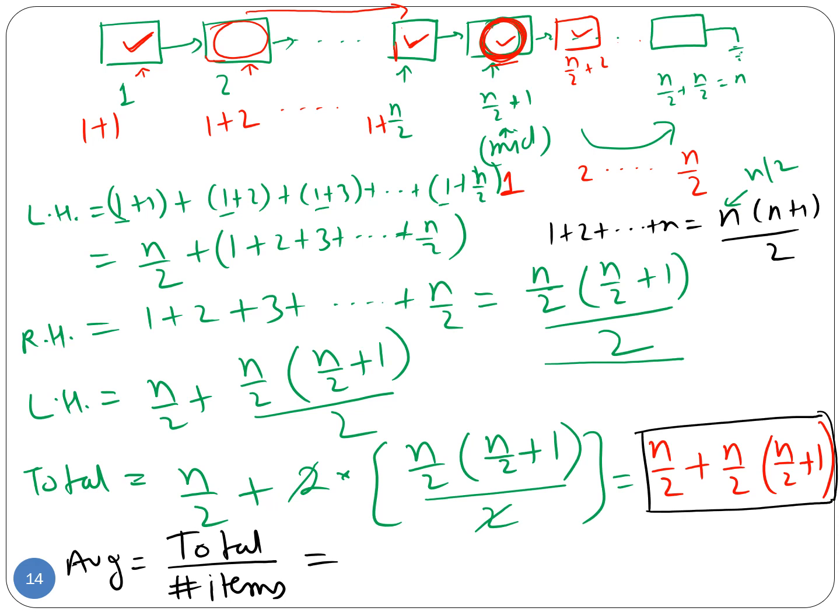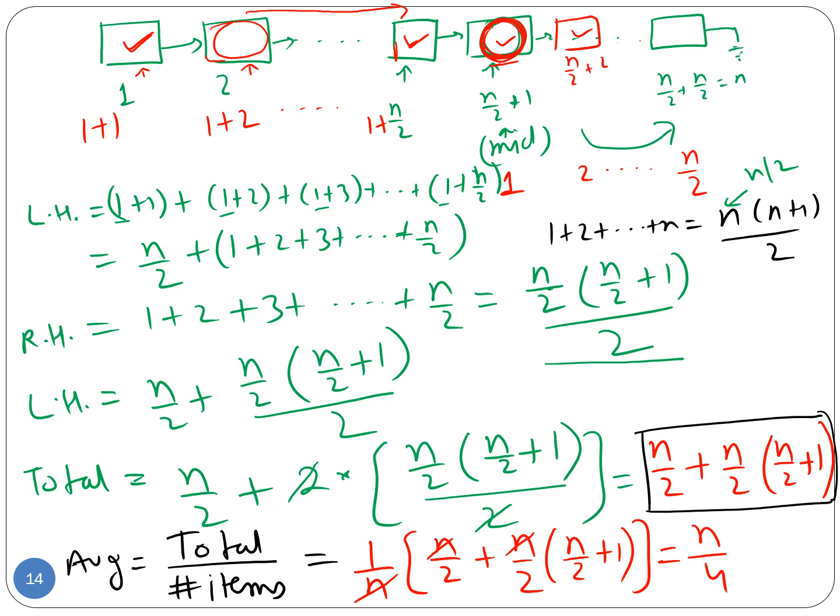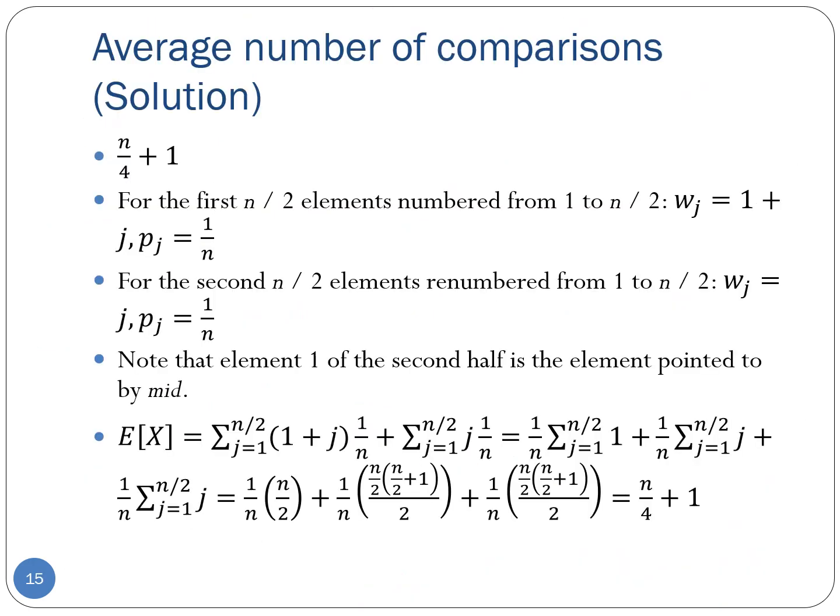So we divide this expression by n, that is, 1 by n multiplied by n by 2 plus n by 2 into n by 2 plus 1. So the n's cancel out, and you are simply left with n by 4 plus 1. So this is our final answer. The solution is also summarized over here, and this is the answer.